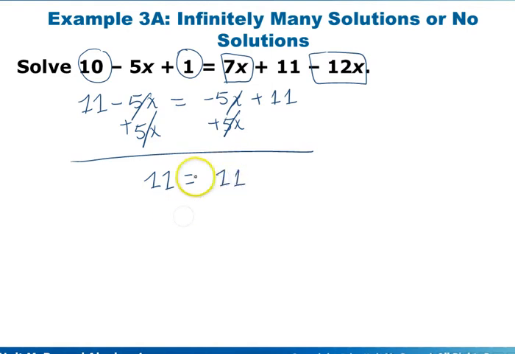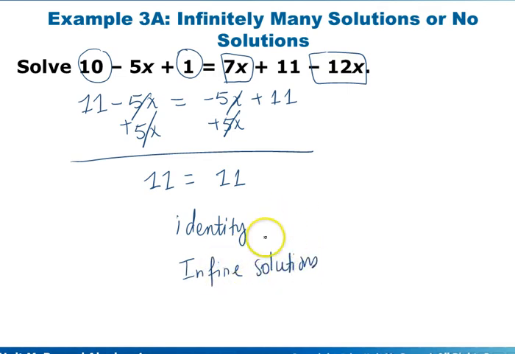So this one right here will be an identity, and this one has infinitely many solutions. Another way for us to write this is we can go from negative infinity all the way to positive infinity. Okay, very easy.